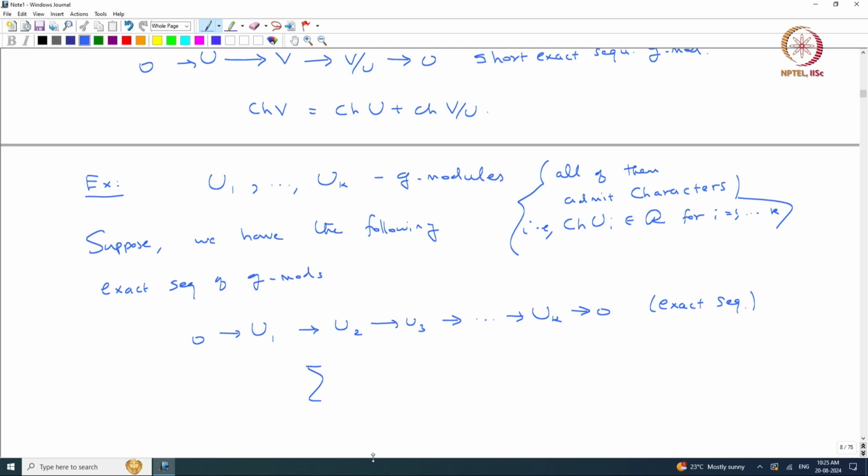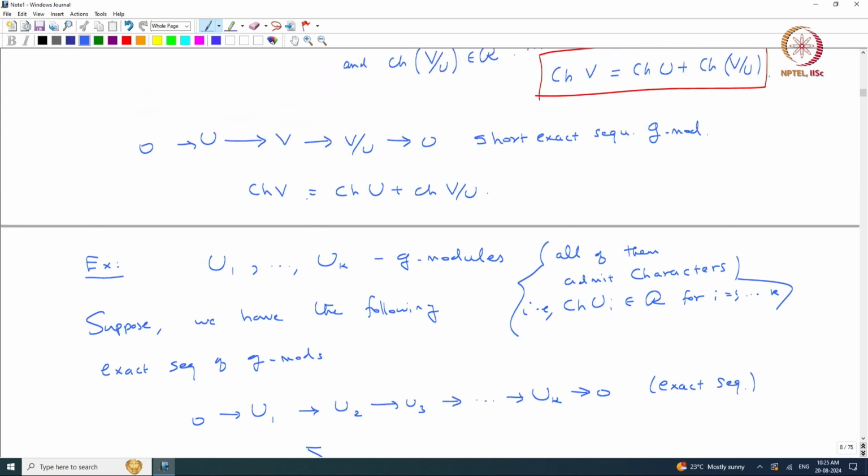Let us see how we write this alternating sum. If you think about it, the character of U minus the character of V plus the character of V modulo U is indeed 0. If you want to keep the odd and even in place, this is the first place, this is the second place, this is the third place.